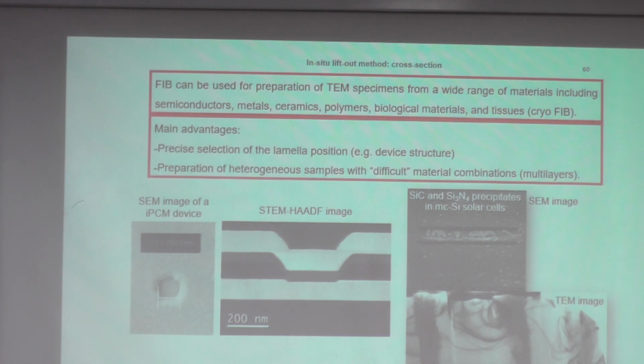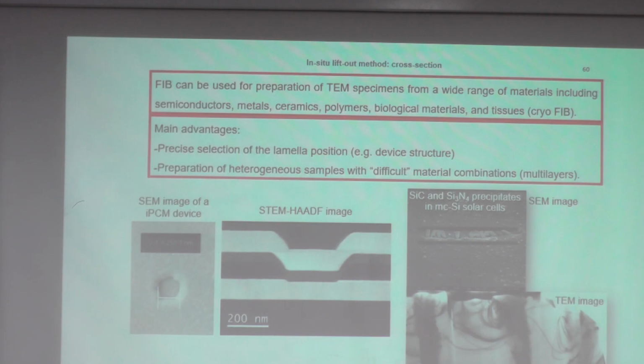In FIB, you can image your area, select it, and cut precisely there. So this was a PCM device. Then we could cut it. You can see here the device, two electrodes, size 250 nanometers. Very nice.